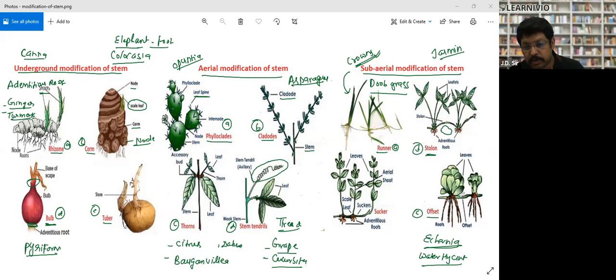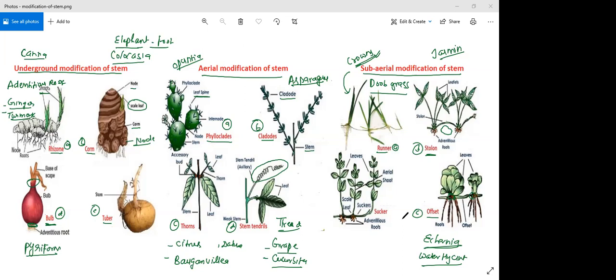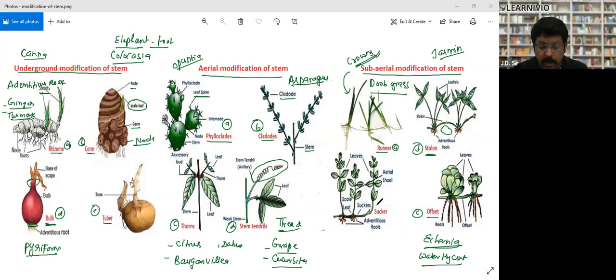The length of this will be only one internode long, and these are the nodes. From the node's upper side there will be leaves. Leaves are rosette shaped, which means leaves arise as a bunch, right? And on the lower side they have roots. So note it down. They are one internode long small runners.